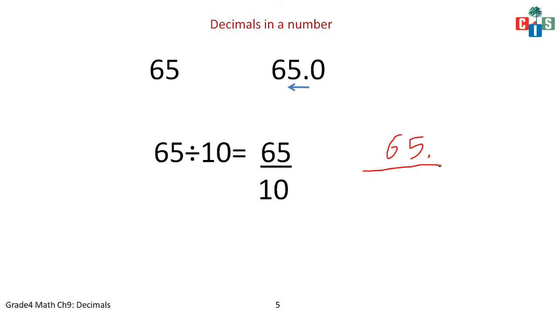When I divide it by 10, I will move this decimal to the left, that is after 5 I will move it here. So the decimal point will be here. So my answer for this will be 6.5. Are you getting it? Yes.